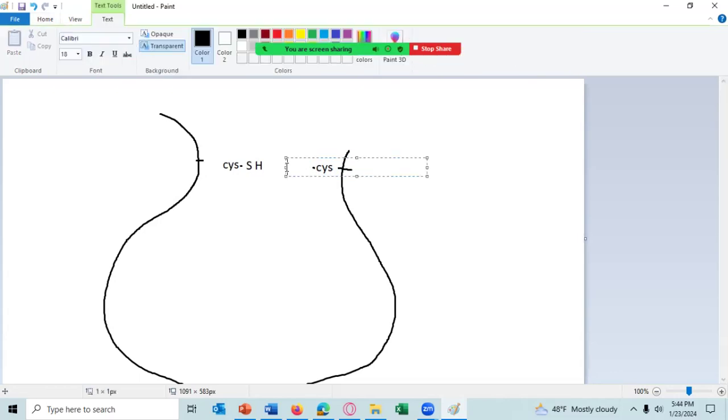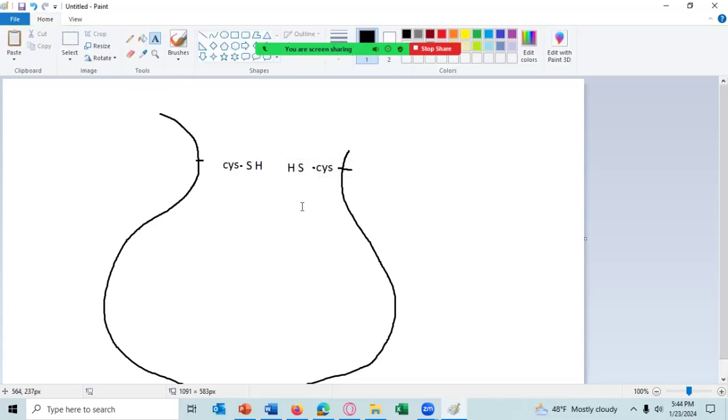All right, so the sulfur will be connected to the cysteine. It's actually part of the cysteine. And these hydrogens can come off. Gonna erase them.